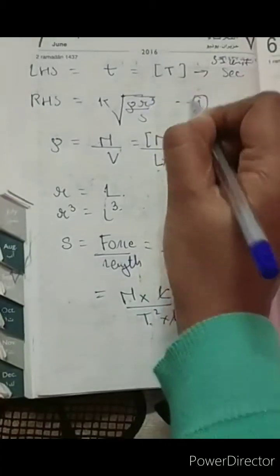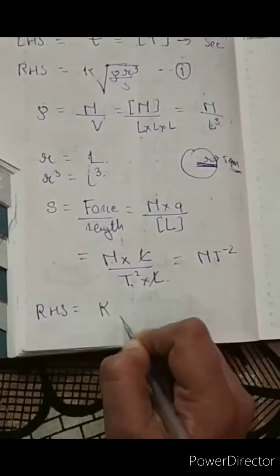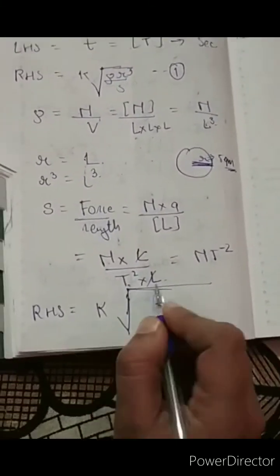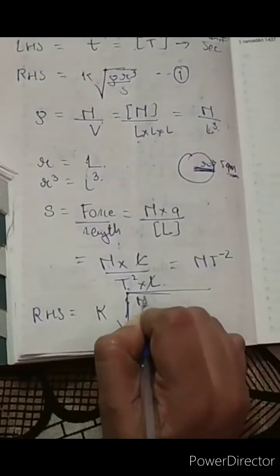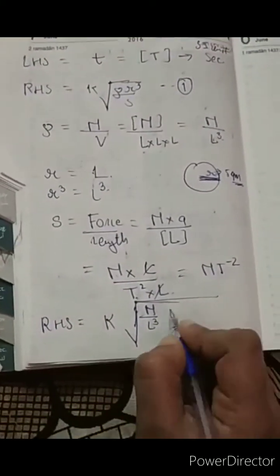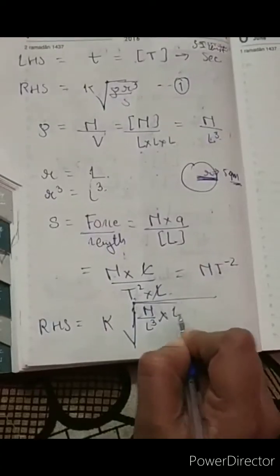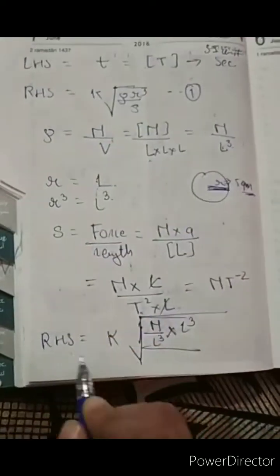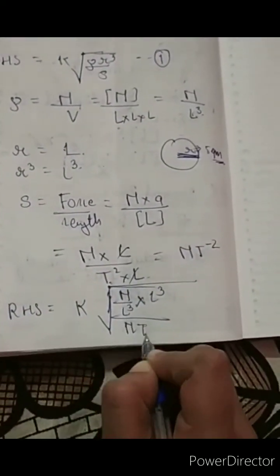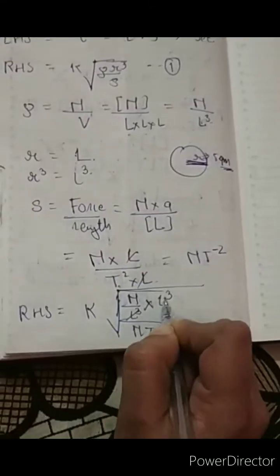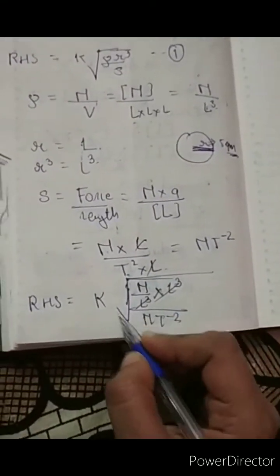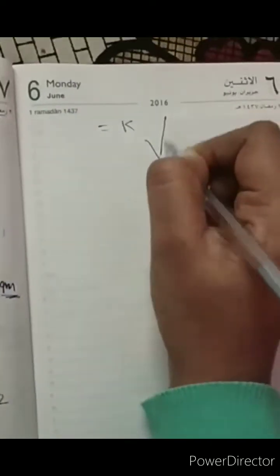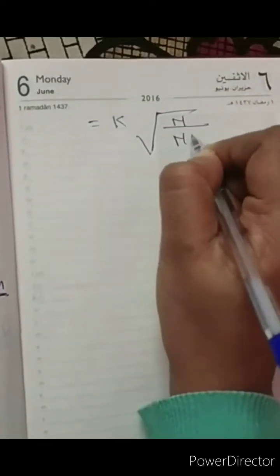So let's put it in our equation 1 and see what we are getting. K under root, rho is M upon L cube, into R cube. R cube is L cube, divided by S. S is the surface tension, which is M T minus 2. Can you see L to L cancel out? Then K under root M upon M T minus 2.